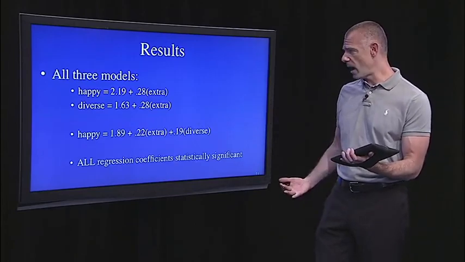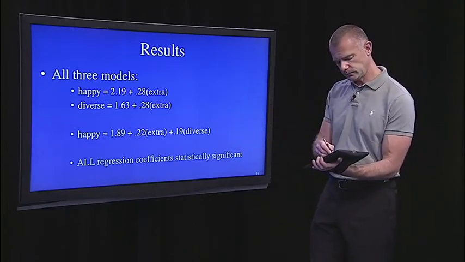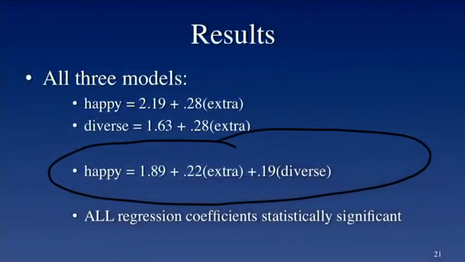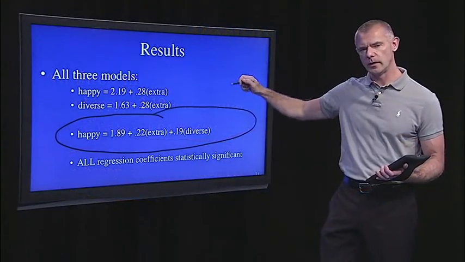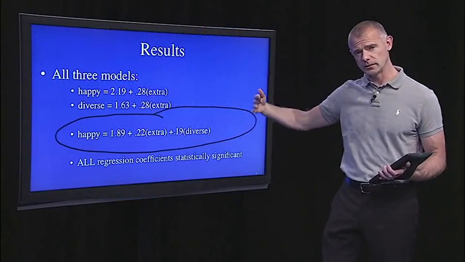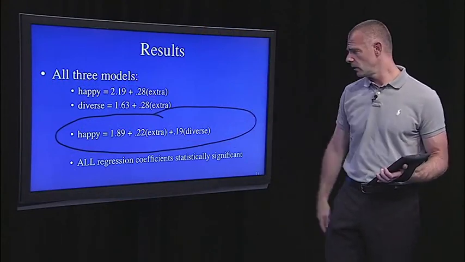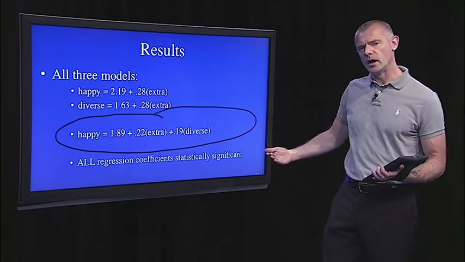Now let's look at the full model. That's down here. And what we see is that both extroversion and diversity of life experience, both of those regression coefficients are significant. And if you compare them to the regression coefficients when they are entered by themselves in the simple regression models above, they don't drop very much.